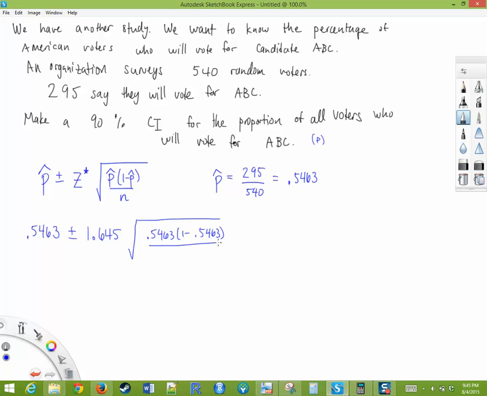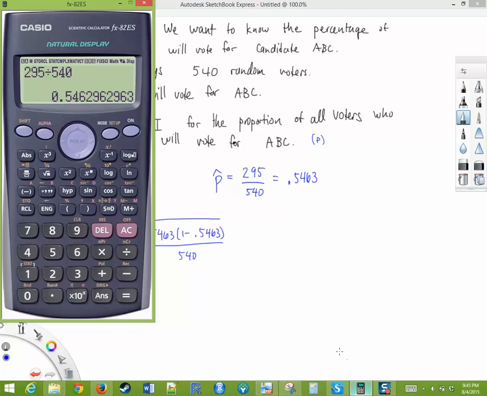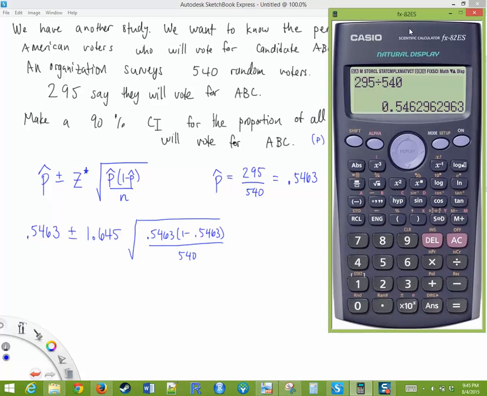And what is my N? My N is 540. When I do my calculations, I like to figure out the standard error first, and then I multiply it by 1.645. You can do it however you want. But notice that I'm going to punch it in maybe a little bit differently.